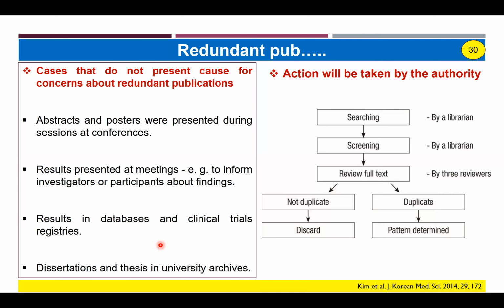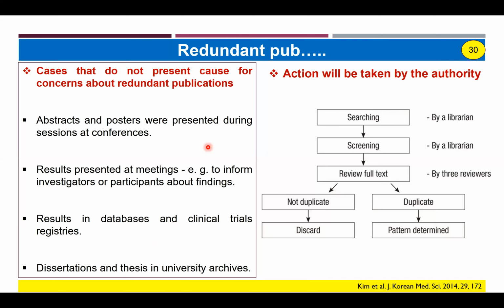Now the initial data is already put up in the thesis at the university, but that data can still be used for publication, because you are making it more public, giving the opportunity to a bigger audience to read your findings, right? So that's absolutely acceptable. That is not considered a redundant publication, right?